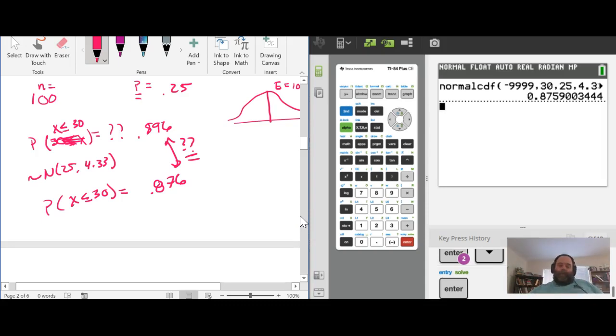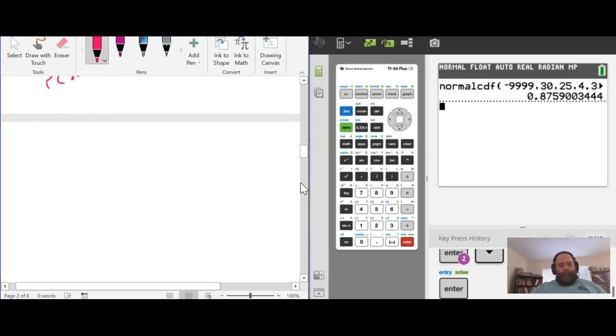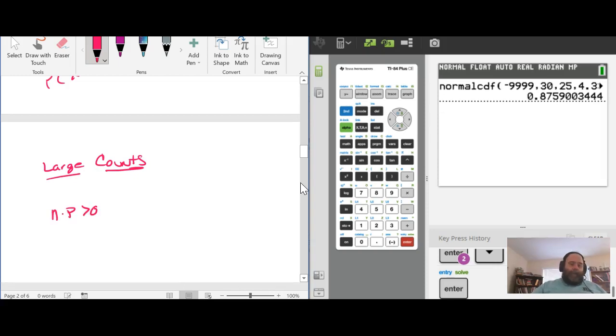So can we use the normal and binomial to approximate each other? And when are we good enough to do that? Well, there's a rule for this, called the law of large counts. The law of large counts says that n times p has to be greater than or equal to 10, and so does n times 1 minus p, or another way of saying this, n times q.